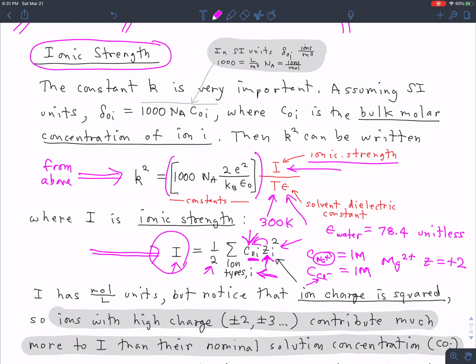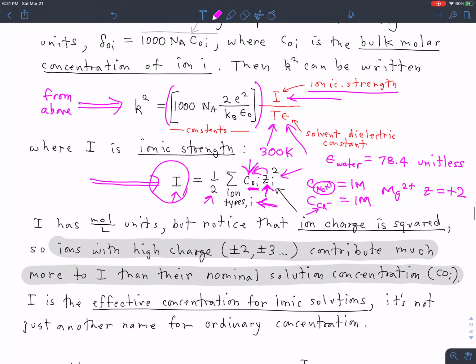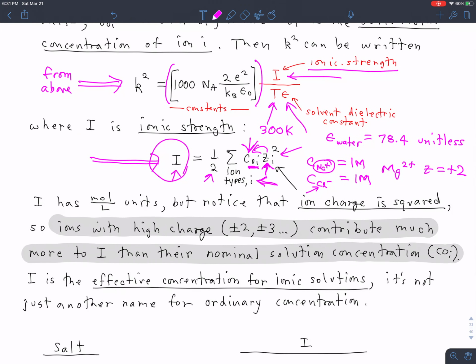And that means that the ionic strength is not just the concentration of ions in solution. It's a specially weighted average of concentrations in solution, weighted by Z² factors. The bottom line is that ions with high charge, like ±2 or ±3, contribute much more strongly to the overall ionic strength than you would expect just from their nominal concentration.